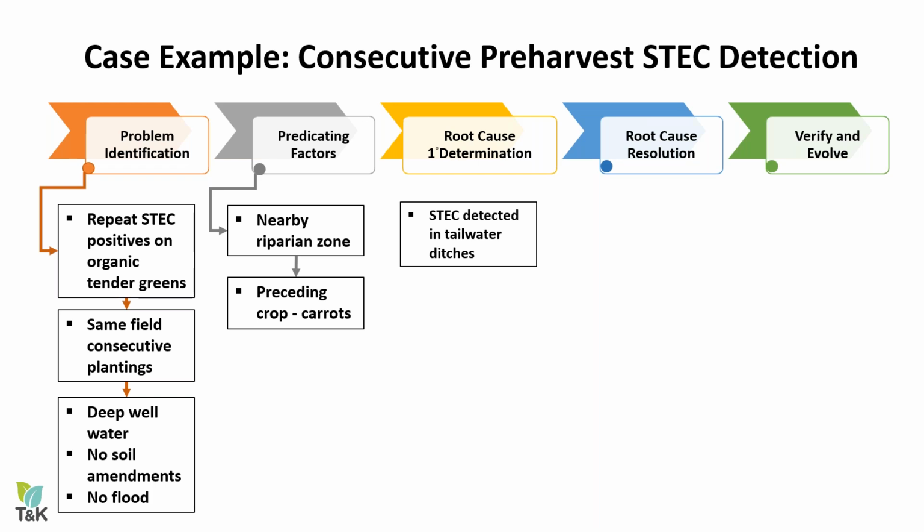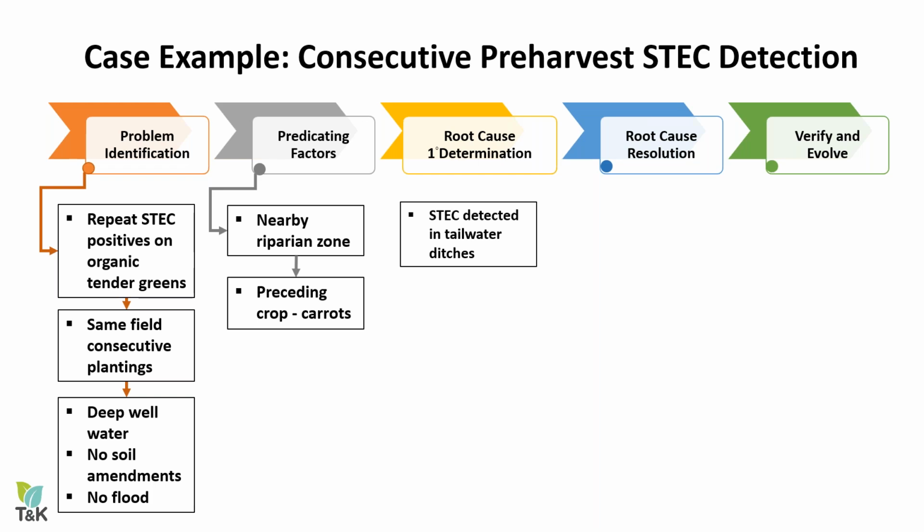The knowledge as it related to trying to initially organize what might be going on: it was deep well water, well characterized, so would not appear to be the source. No specific soil amendments were added, so compost or manures were not likely a factor here. There was no flood event.